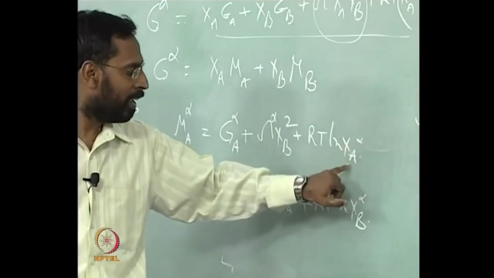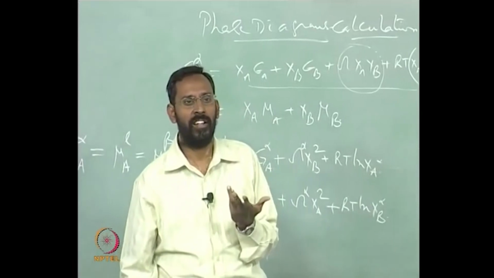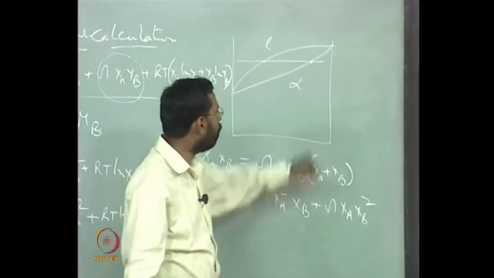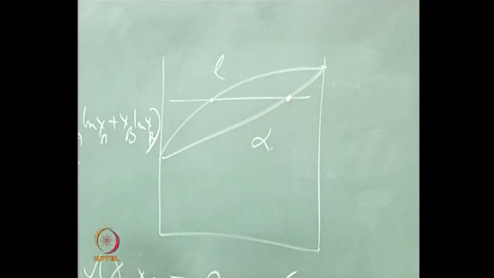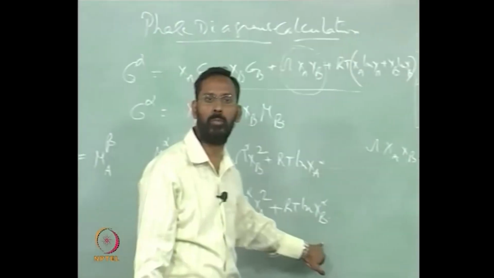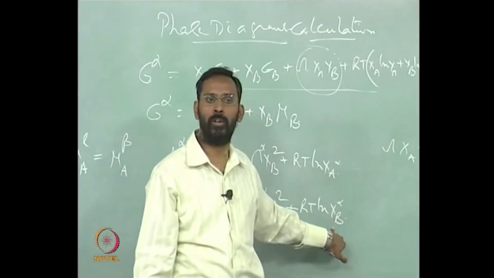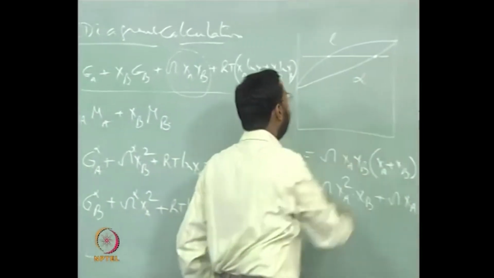Because when I say XA and XB, it is nothing but the composition of a phase. So for example, if I am talking of this particular point, this point is the composition of alpha. The composition of alpha can be expressed either as XA or as XB, and we know that XA alpha plus XB alpha equals 1. So once I know that, I can write this like that.